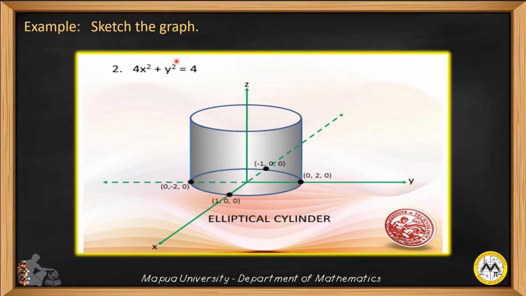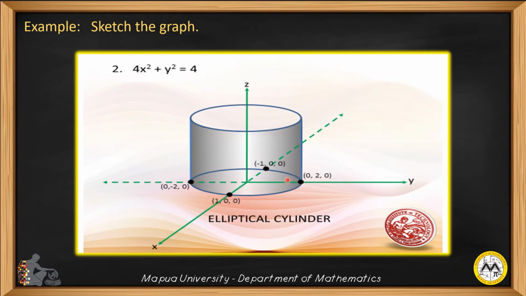So if we are going to sketch the ellipse, its center is at the origin, major axis along y, semi-major axis of length 2, minor axis along x, semi-minor axis of length 1. So the ellipse will have ends of the major axis at (0, 2, 0) and (0, -2, 0), and the ends of the minor axis at (1, 0, 0) and (-1, 0, 0).